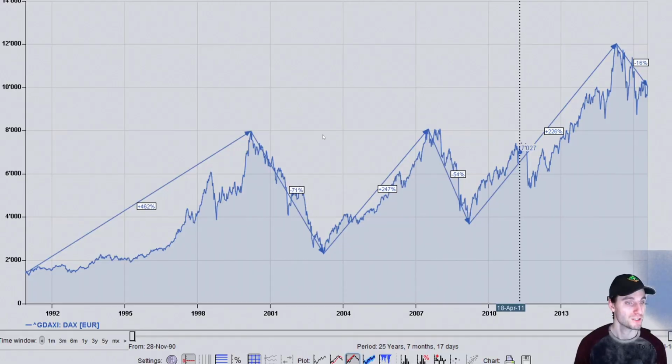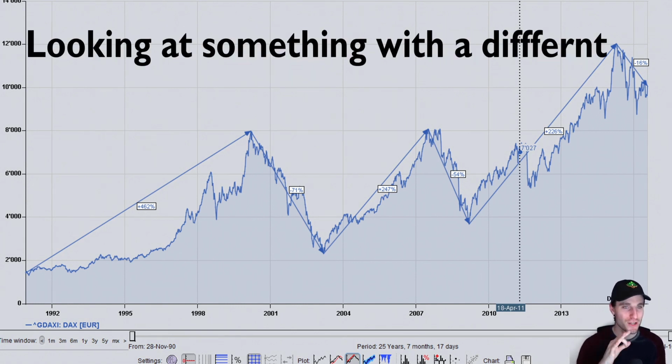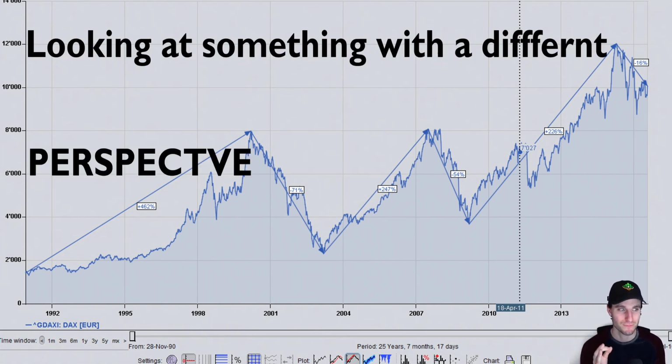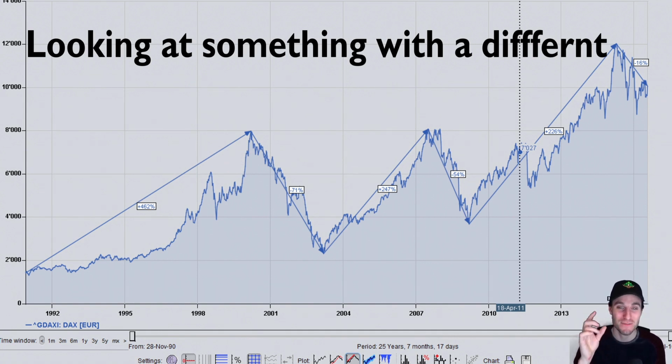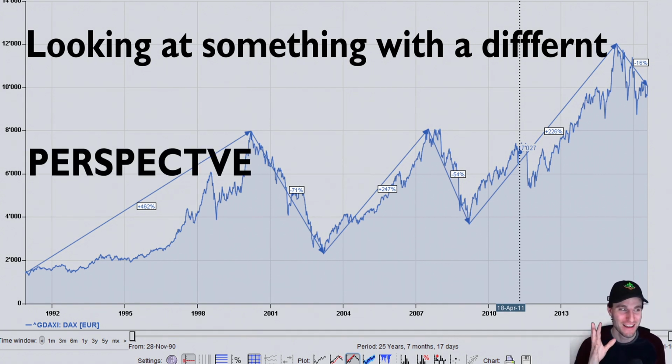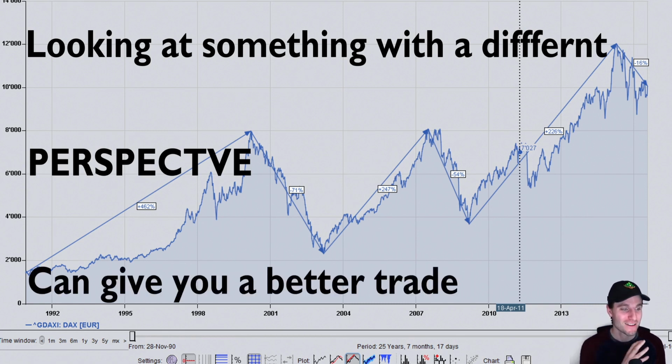Okay. So this is what I want to say here. This is a picture of an old chart. Looking at something with a different perspective can give you a better trade. So we can see how having that perspective difference when looking at log scale really can give you a better trade.